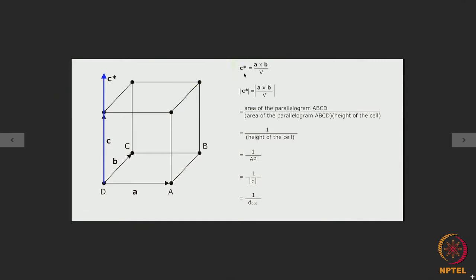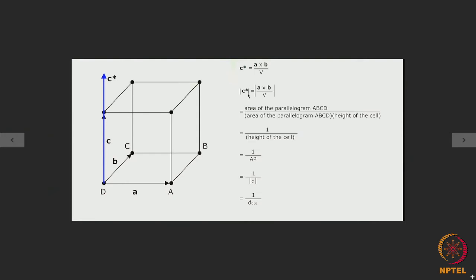Now, we have assumed that C star is equal to A cross B by V. So, if this is the unit cell of a cubic lattice, and since C star is equal to A cross B by V, C star will be pointing in a direction perpendicular to the plane contained by A and B. So, as a result, the C star vector will also be along the C vector.